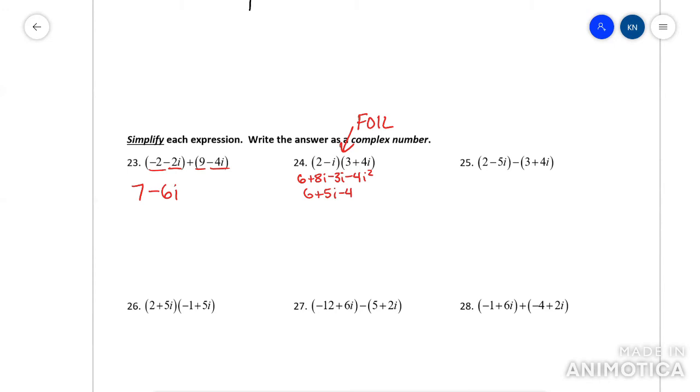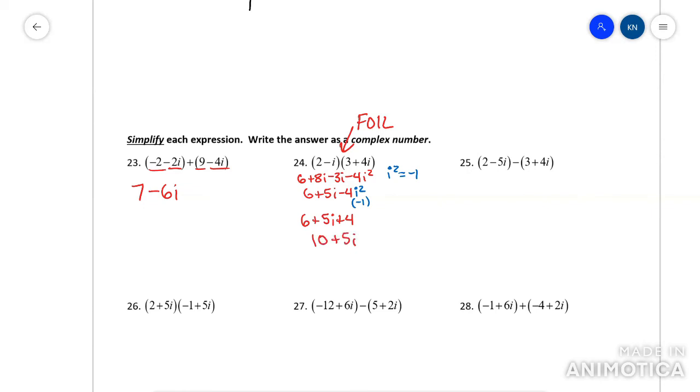Now this i squared part, i squared has a value equal to negative 1. So you can change this to be a negative 1. So it's like minus 4 times minus 1, which turns into plus 4. Then combine your like terms at the end. 6 plus 4 is 10. So it's 10 plus 5i.